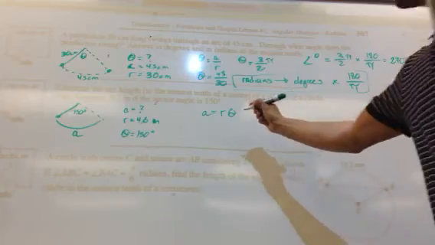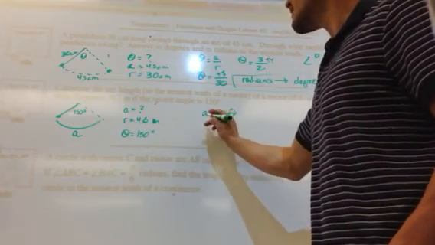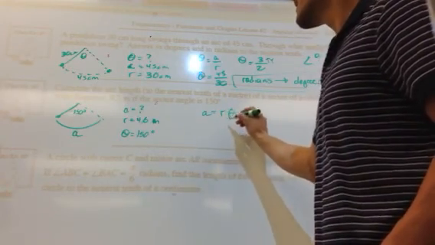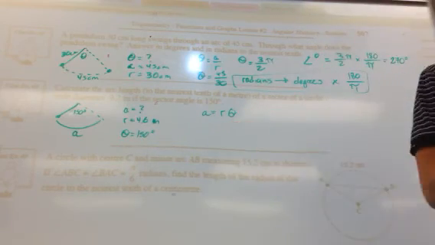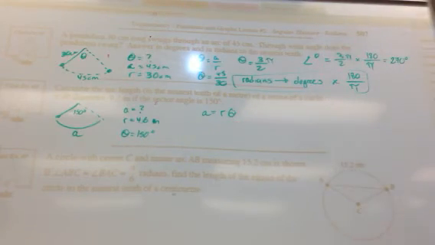If A is equal to R times theta, then if I were to just multiply 4.6 by 150, I'm going to get a huge number, which won't really make sense. So what do you think I need to do here? Connor? Convert theta to radians.